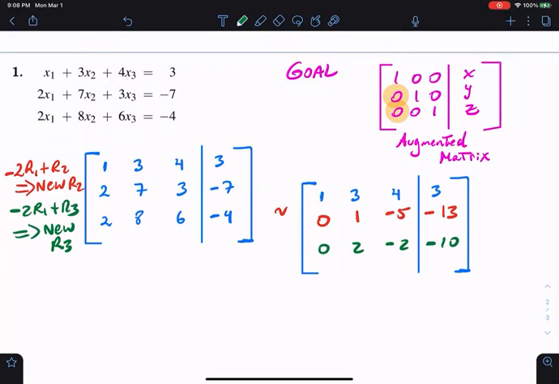Now, my next goal, so I'm doing this by parts, right? My first goal was to get zeros under that 1 on the first entry. So I'm talking about these things. So I already got my zeros there. So that was my first target. Now my second target is to get rid of this guy.